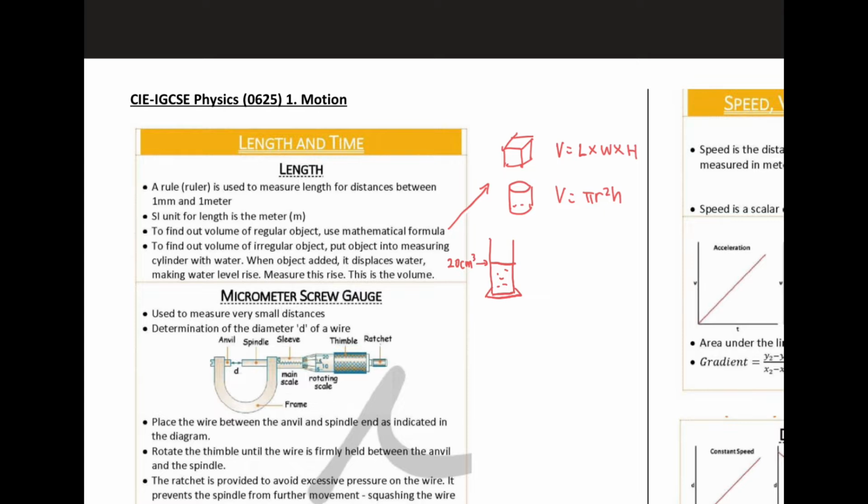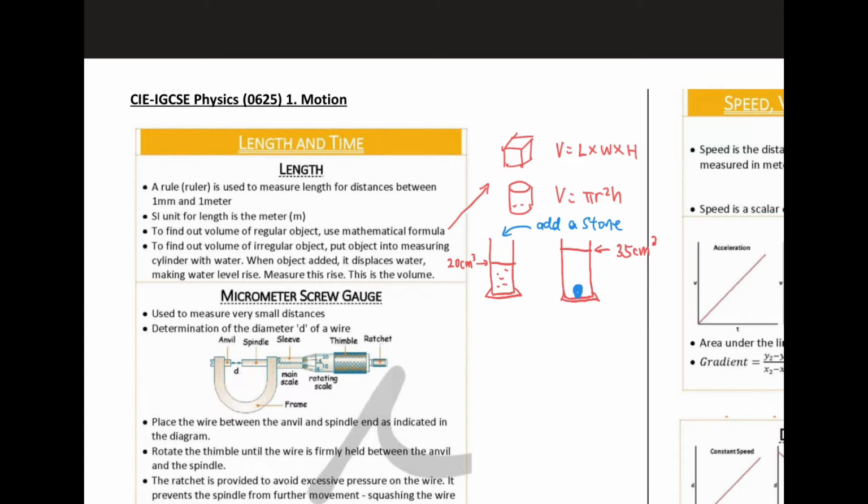So you just add the stone inside. The stone is of irregular shape. Then the measuring cylinder shows a volume together with the stone. Let's say it shows a volume of 35 cm3.